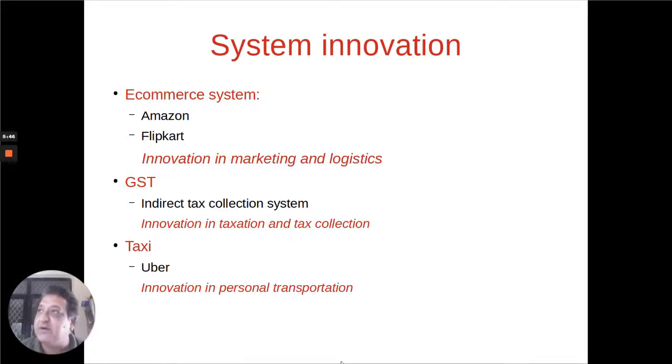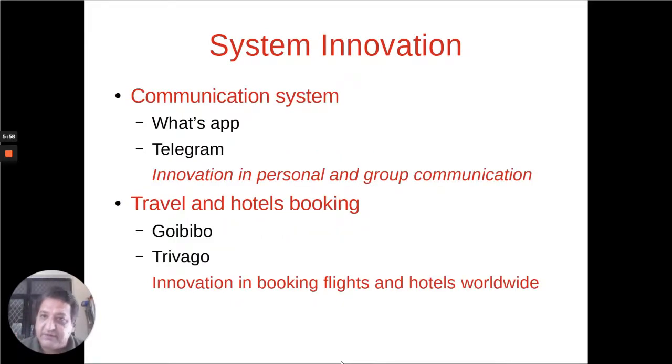Moving forward, if you look at personal transportation, the biggest innovation in the area of personal transportation is Uber, where a mobile app is utilized for transportation purposes. Moving on, some further examples. Now, these are path-breaking system innovations. In the area of communication, we have seen the impact of WhatsApp and Telegram. In terms of group communication, WhatsApp has revolutionized group communication and also, of course, interpersonal communication.